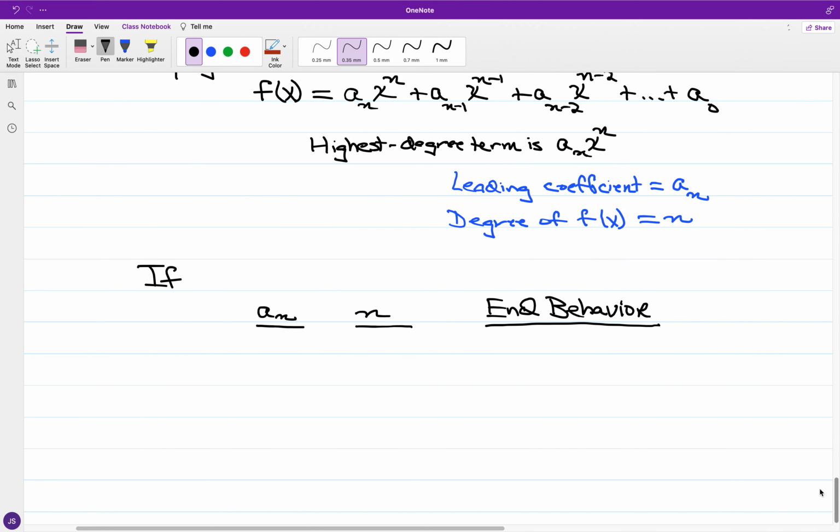First of all, if the leading coefficient is positive and we have that n is of odd degree, so you have a positive leading coefficient and the power of the polynomial function is odd, now your end behavior is going to be down to the left and up to the right.